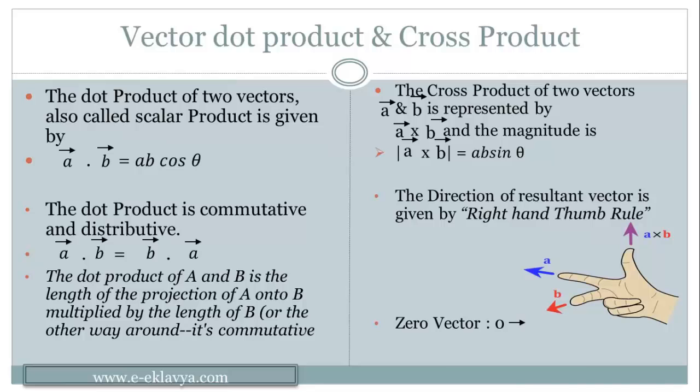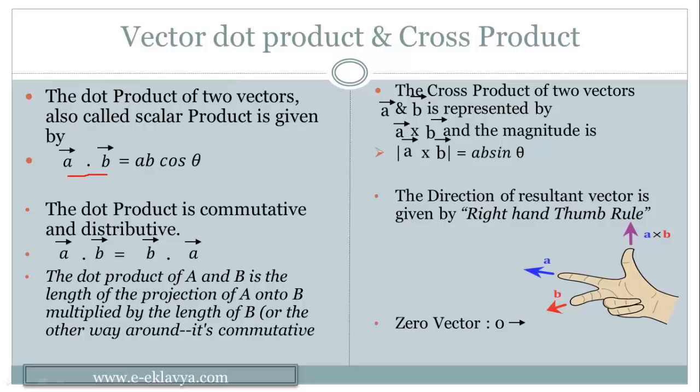It is written as A dot B, so that is how we write the dot product of two vectors A and B. The magnitude is given by AB cos theta.